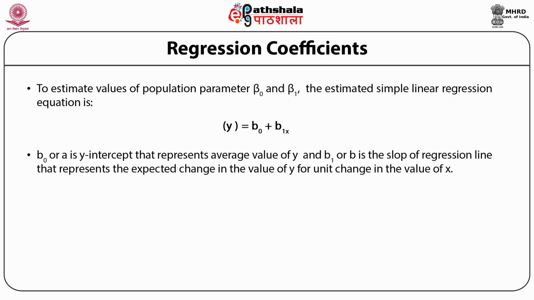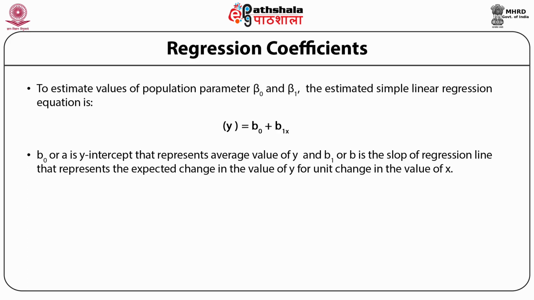Now again, students, you please pay attention over here. Till now we have been using y is equal to beta naught plus beta 1 x. Here we are using y is equal to b naught plus b1 x. Whatever the terminology is being used by different authors, whether it's beta or b or anything else, you should always keep in mind that the coefficient with which x is associated represents the slope, and the other constant will always represent the y-intercept.